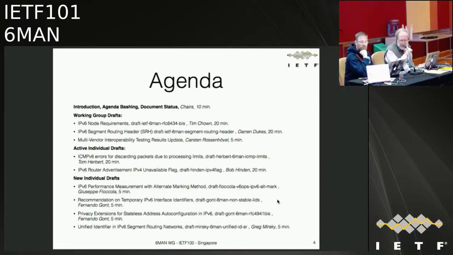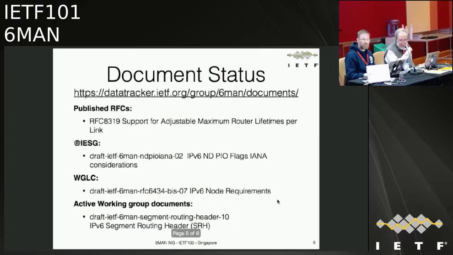And then there are two documents from Fernando on temporary interface identifiers and an update to the ABIS document on the privacy extensions. And then lastly, a proposal for an identifier for segment routing networks. Any comments on the agenda? Okay.